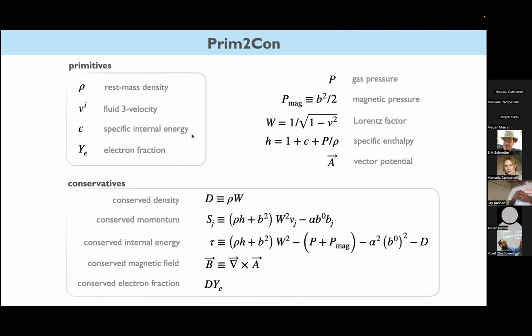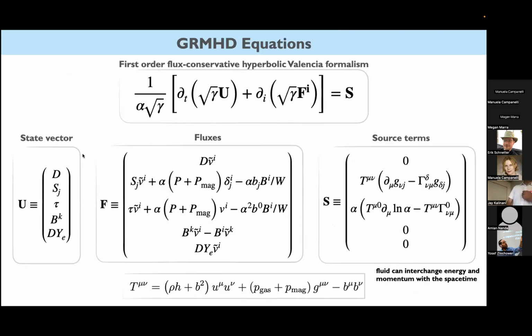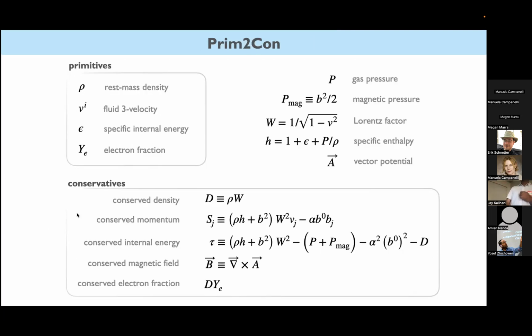Based on these primitives, you have certain analytical expressions that allow us to compute the conserved quantities. Here are the different state vectors I mentioned earlier: the conserved density D, the conserved momentum, usually denoted by capital S, and the conserved internal energy, tau. You might also have the conserved magnetic field as well as the electron fraction.